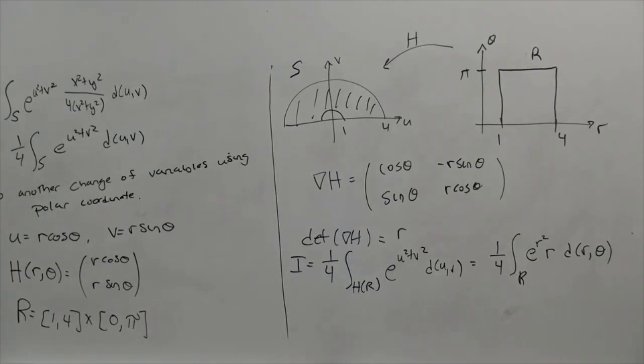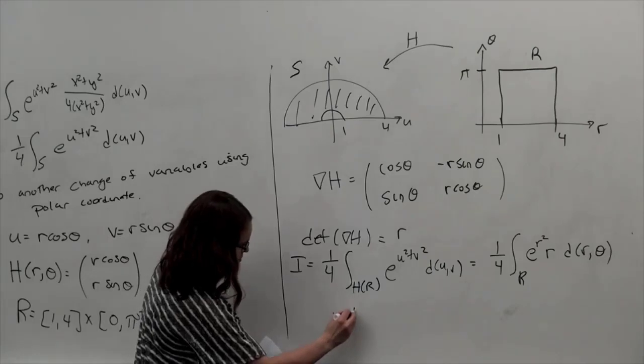And now everything is continuous and beautiful, and we're looking over a rectangle, so we can do an iterated integral and work this out, and I'll just give you the final answer. You know how to do this.